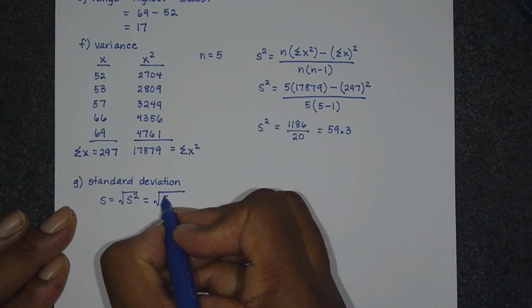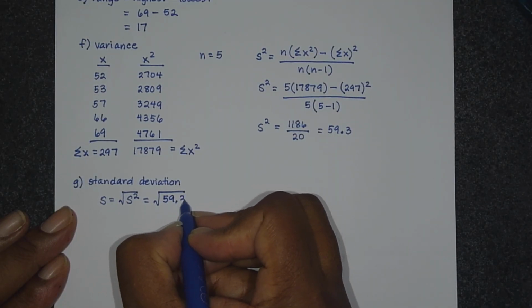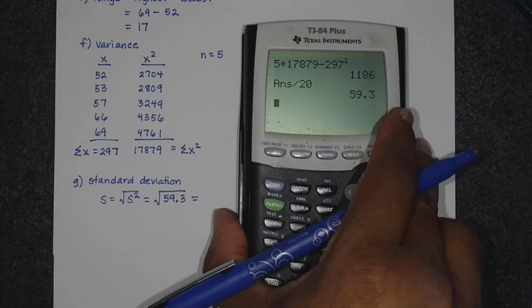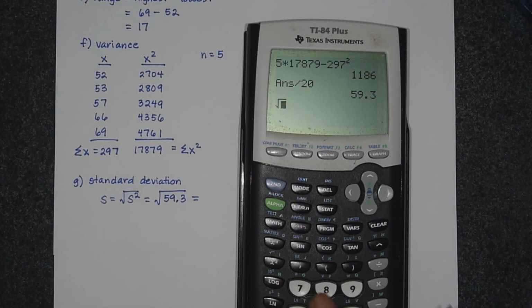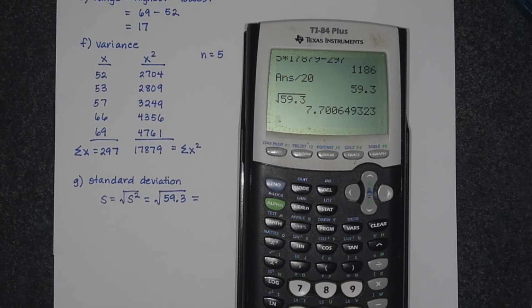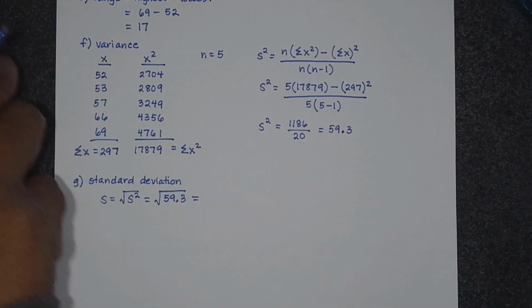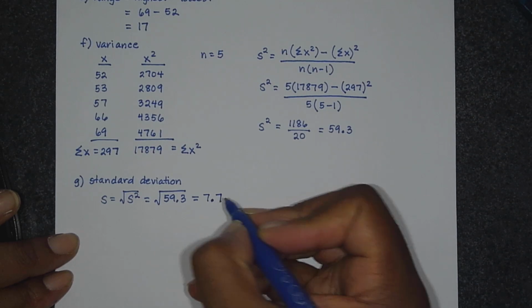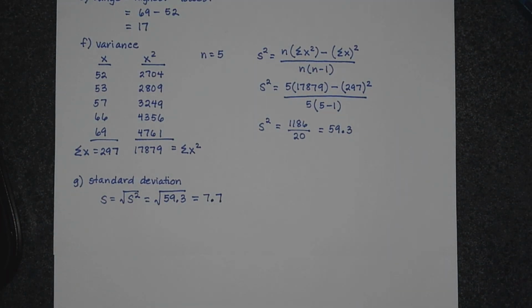So if I take the square root of 59.3, second x squared for the square root, 59.3. If I was to round that off to one decimal place, what would that be? 7.7. So the standard deviation there will be 7.7.